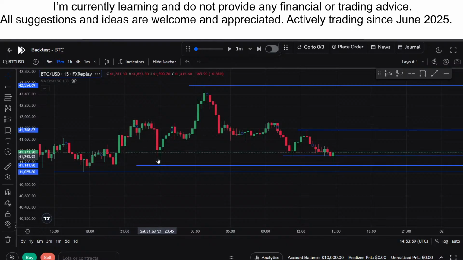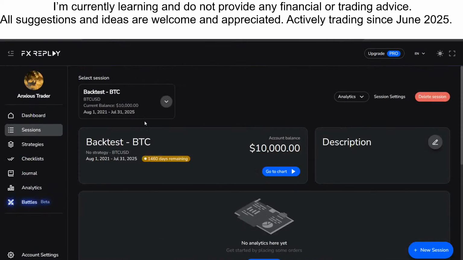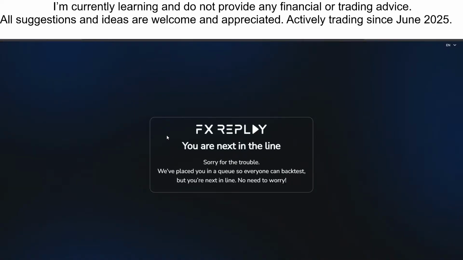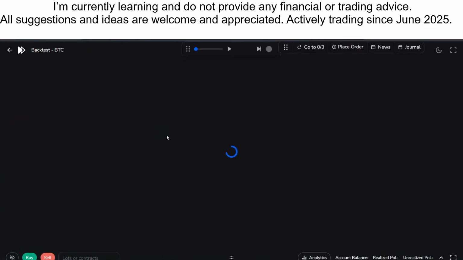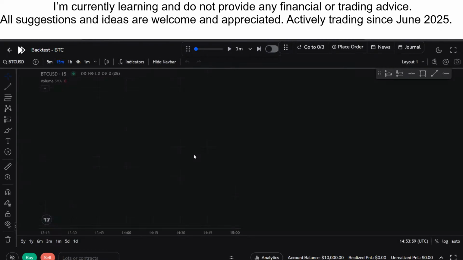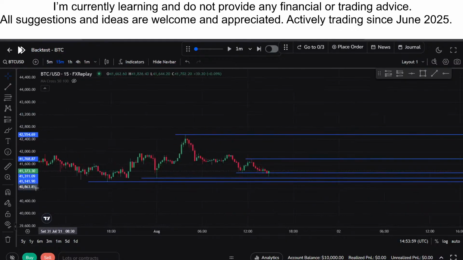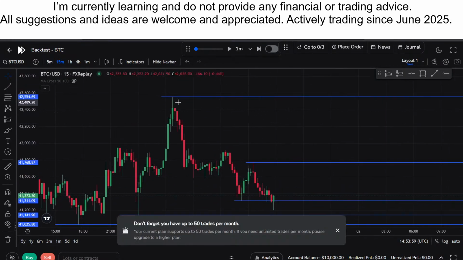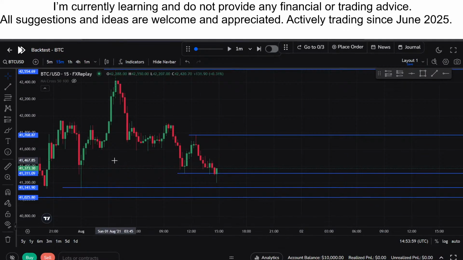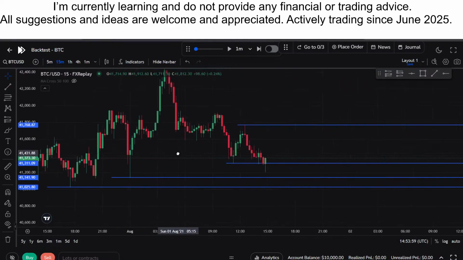So high, low, low, and again we see a high. Here we can see this candle is the break of structure. Second, here is the liquidity, and we will just ignore this one.